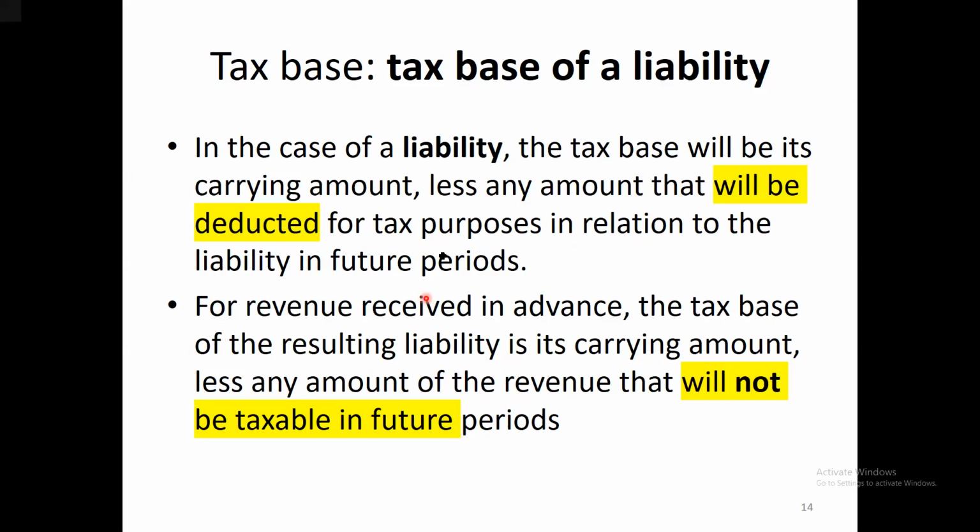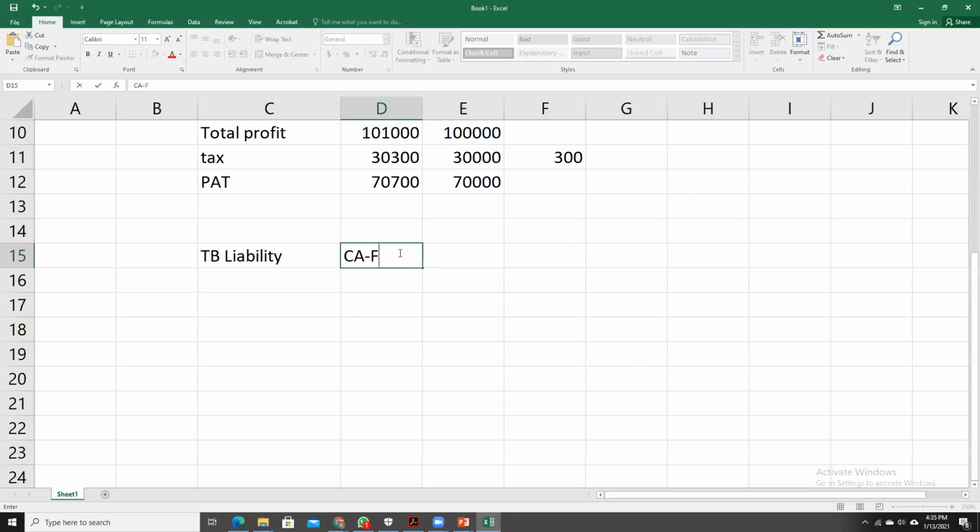So we put future tax deductions. Tax base of liability equals carrying amount minus future tax deductions.